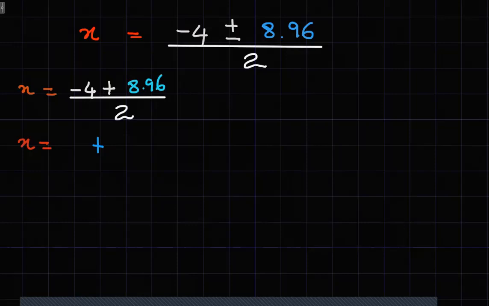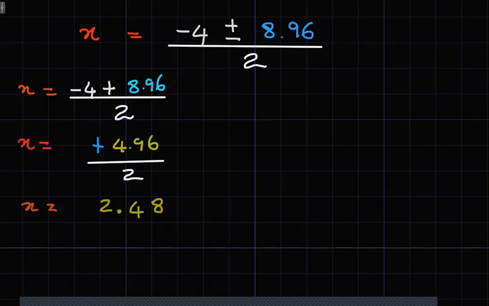That's 4.96. So plus 4.96 divided by 2. What would that give us? X equals plus 4.96, which means simply 4.96. So 4.96 divided by 2 would give us 2.48. Now that's one answer.